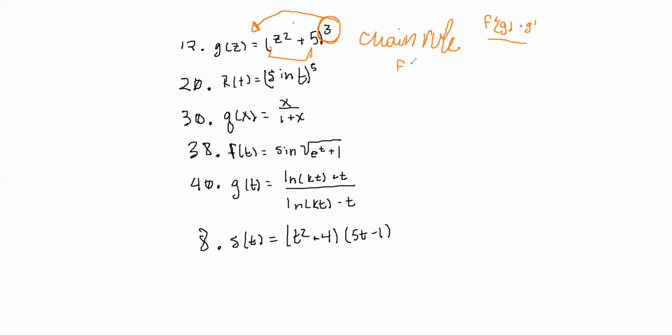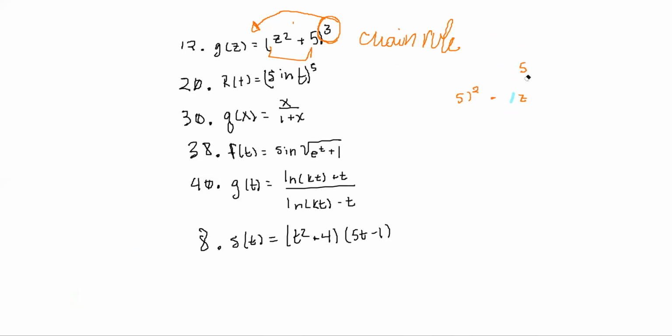I want to say f is going to be equal to h to the 3, and h is going to be equal to z squared plus 5. So that's how I am going to bring this down. It's 3 times z squared plus 5 squared times 2z, because that's the derivative of h. My first thought isn't to bring down the 3, because I don't want to forget about this 2z on the outside, because this is an important part of the derivative too.